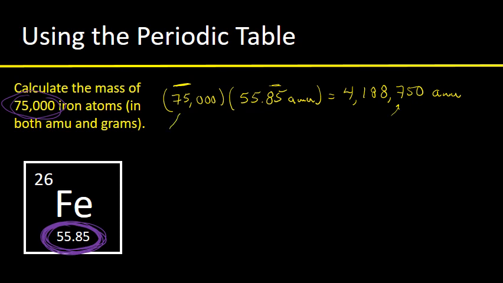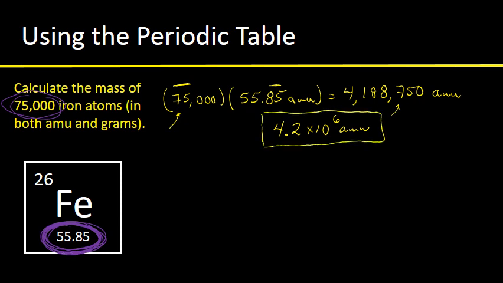If you want to consider this to be 2 significant figures, then you would round this to 2 sig figs, and we can call this 4.2 times 10 to the 6 AMU. If you wanted to round it to 4 instead and call it 4.189 times 10 to the 6 AMU, you could do that. An argument can be made either way.